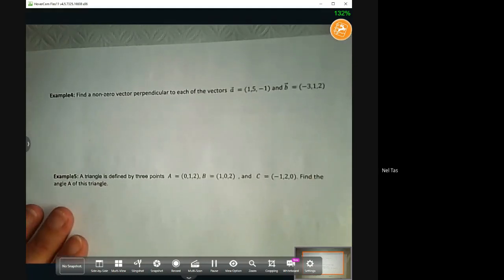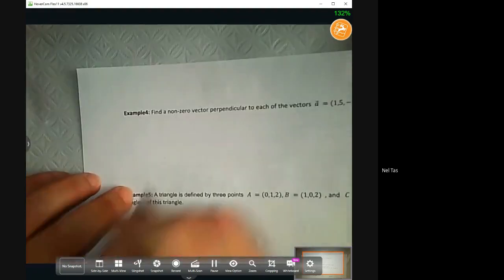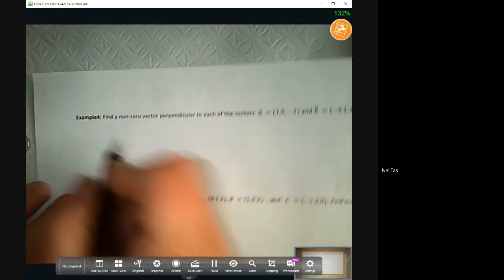Okay, example 4. It says find a non-zero vector perpendicular to each of the vectors A and B. Well, this is what we are going to use, right? So we don't know that non-zero vector that is perpendicular to both of them.